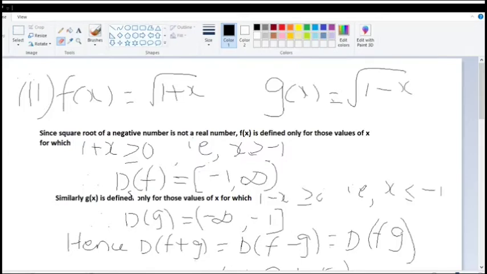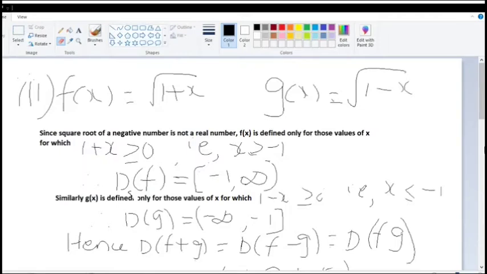Similarly, g of x is defined only for those values of x for which 1 minus x is greater than or equal to 0, that is when x is less than or equal to 1. Therefore, domain of g is equal to minus infinity to 1, closed interval.